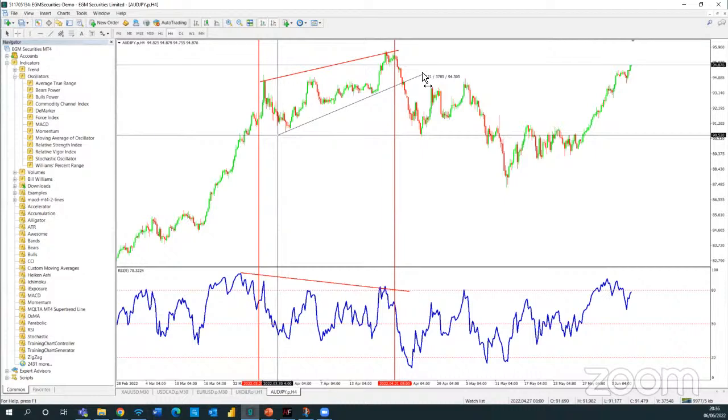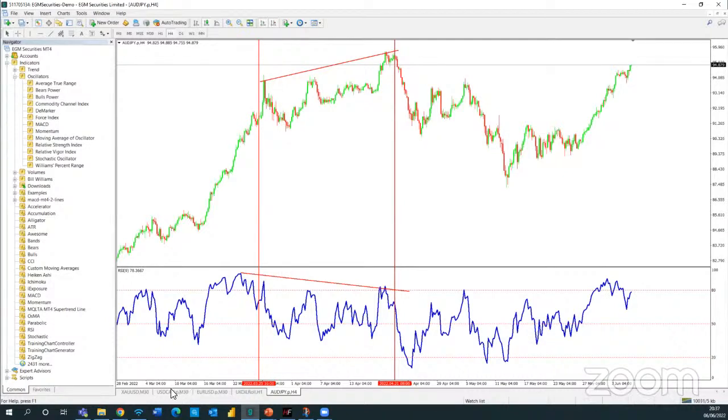With the break, you could have waited for more confirmation of that level, but divergences don't delay as much. It's not as lagging. It's a leading indication of the movement of the price.